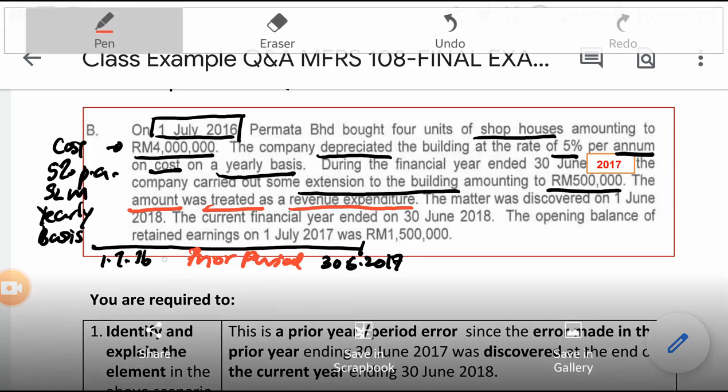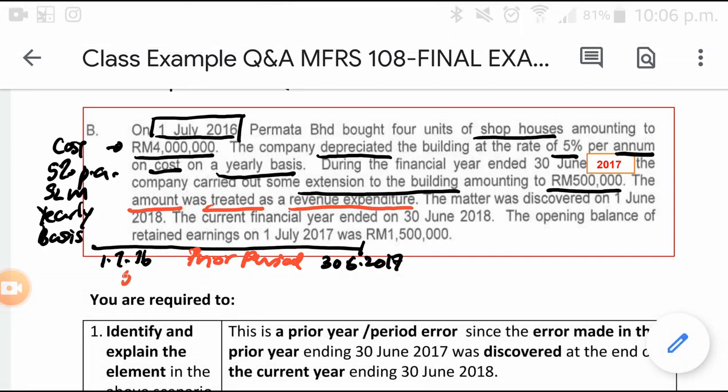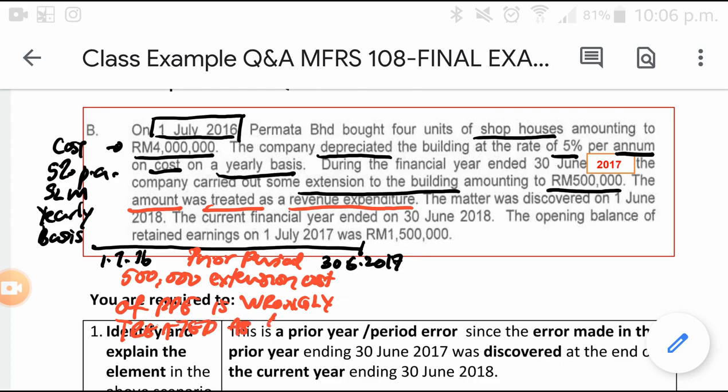So what happened in the prior year is that the 500,000 extension cost of PPE was wrongly treated as an expense, and this is not what happened in the current year.